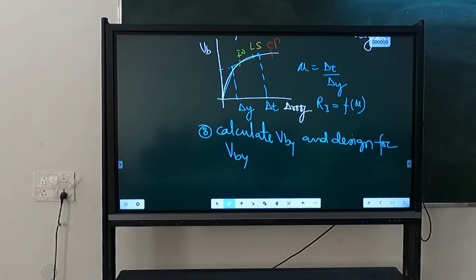Once mu, delta T, R xi is known, how to calculate dVy?